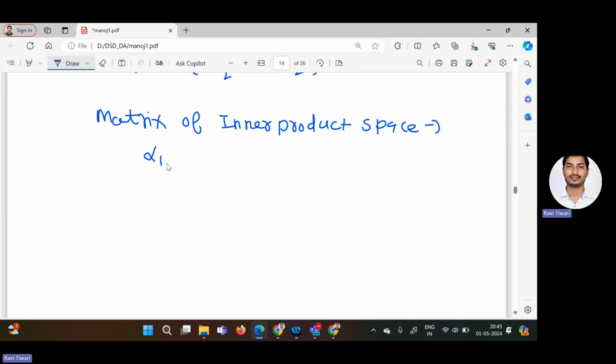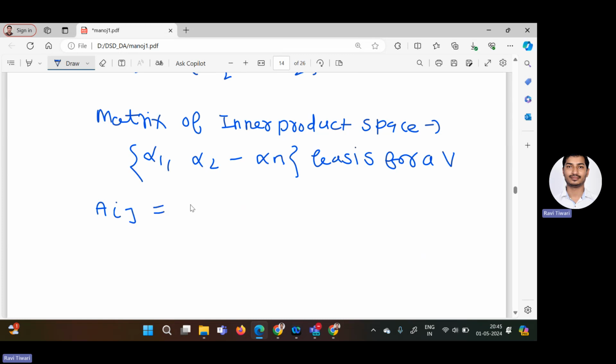Let us assume that alpha 1, alpha 2, up to alpha n are the basis for some vector space V. So the matrix representation of this inner product space is defined as Aij equal to the inner product of alpha i, comma, alpha j, where i and j vary from 1 to n.